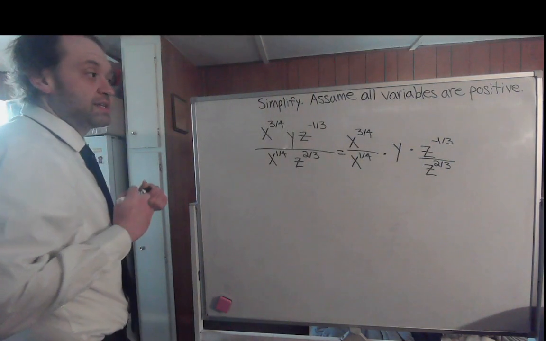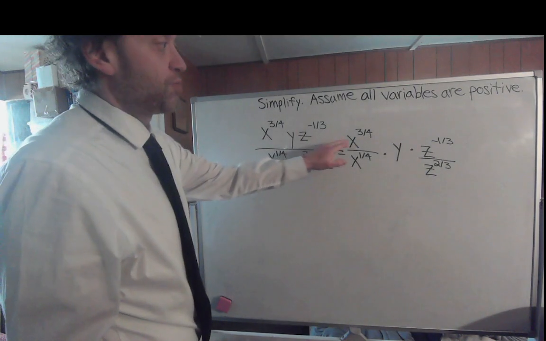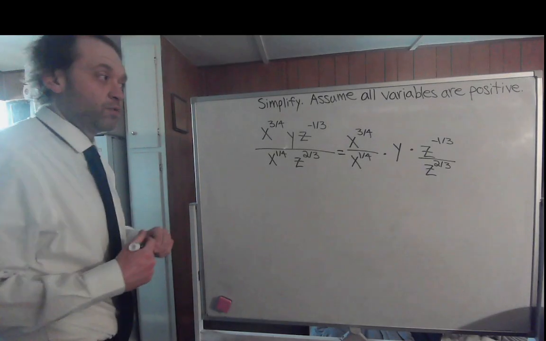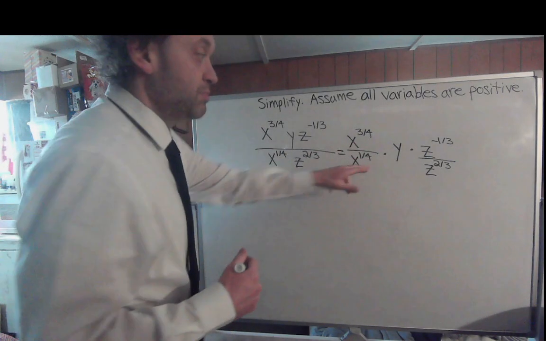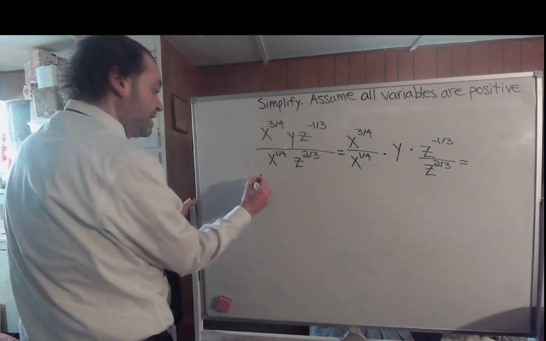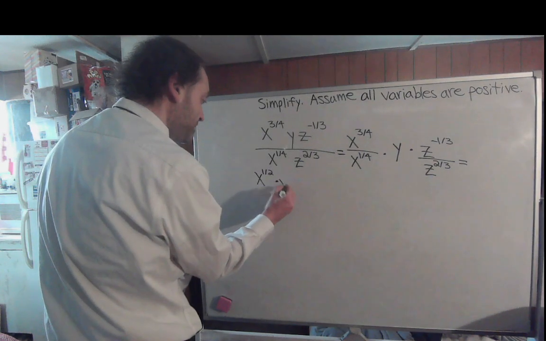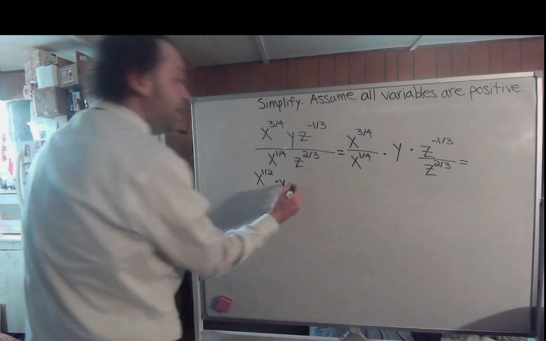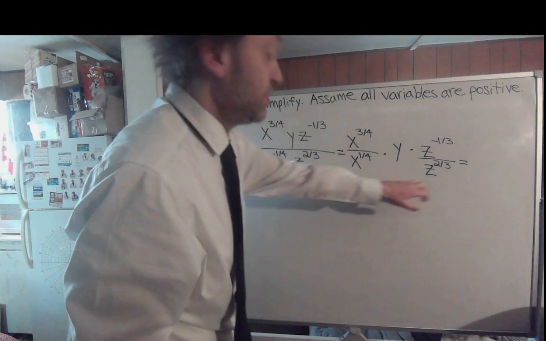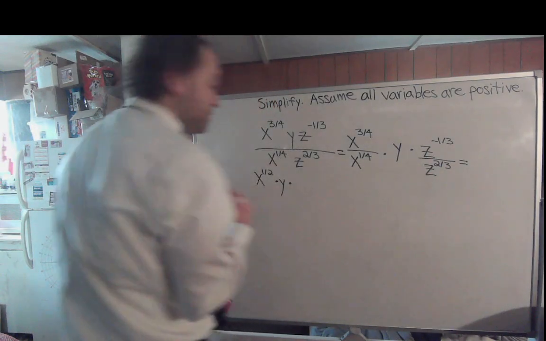Alright, now we can take each piece at a time. For your first term, 3/4 is definitely greater than 1/4, right? So 3/4 minus 1/4 is 2/4, or simply 1/2. So you end up getting x to the 1/2, then just times y. Now, for your third term, 2/3 is definitely greater than negative 1/3, so we're going to favor the denominator.